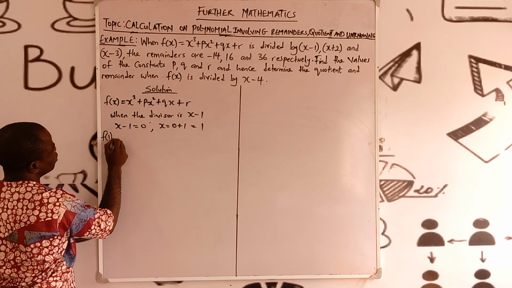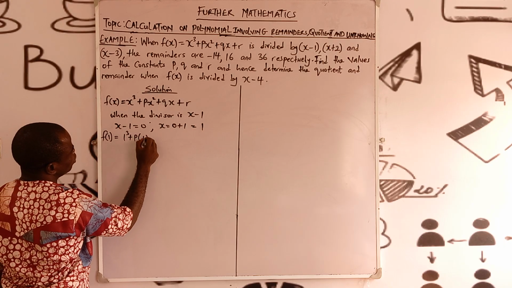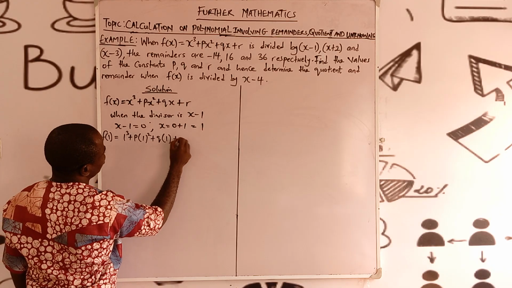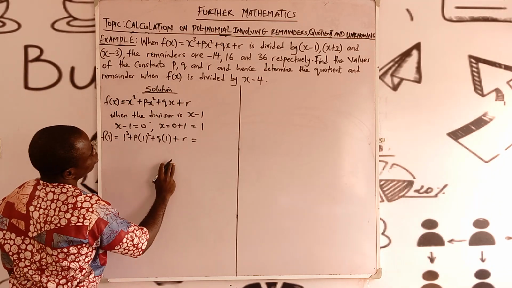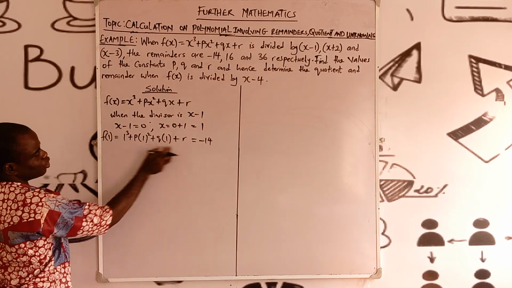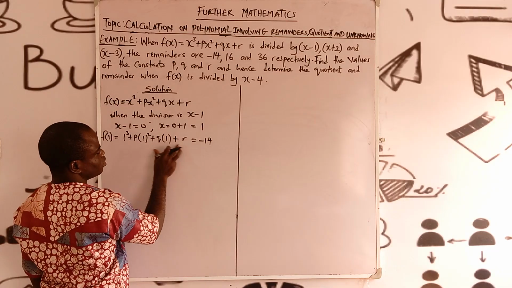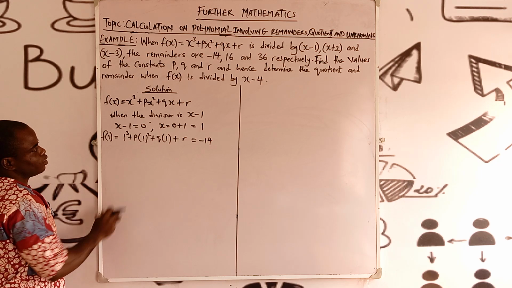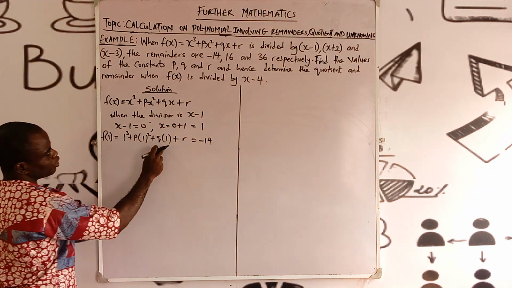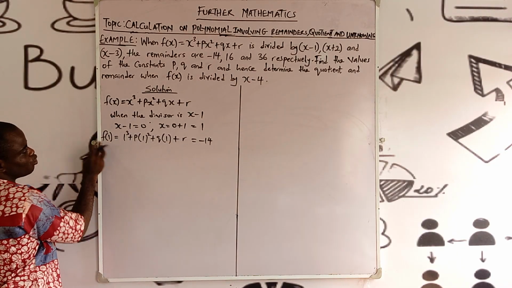First one, f of 1 equals 1 raised to the power 3 plus p into 1 squared plus q into 1 plus r equals minus 14. When you have two equals signs like this, concentrate on the last expression: 1 cube plus p times 1 squared plus q times 1 plus r equals minus 14. Forget about f of 1.